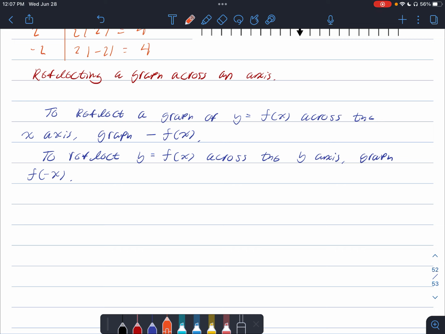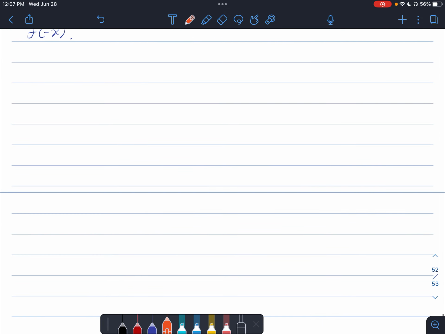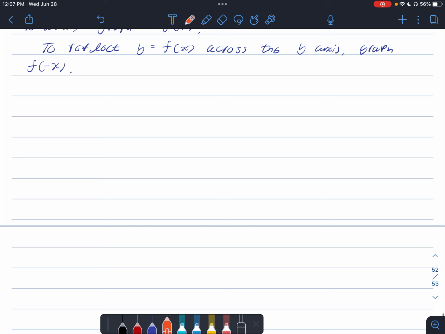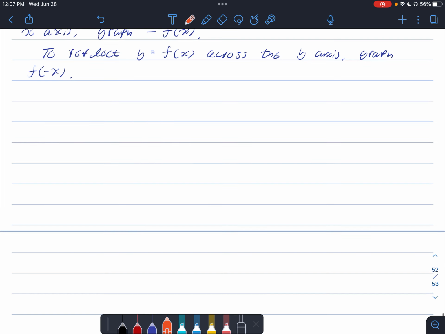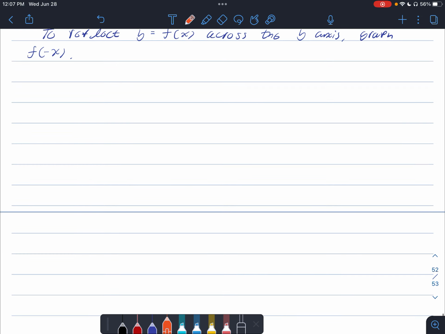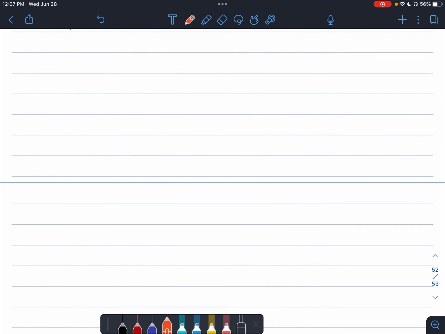And if we want to reflect it across the y-axis, we'll graph f of negative x. So let's do x cubed. Let's do that.